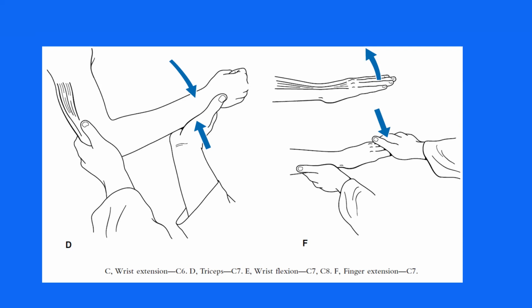Look, wrist extension, C6. The triceps, we all know about the triceps. Flexion is C7, C8. Finger extension is C7. Keep this repeatedly, you won't forget it.